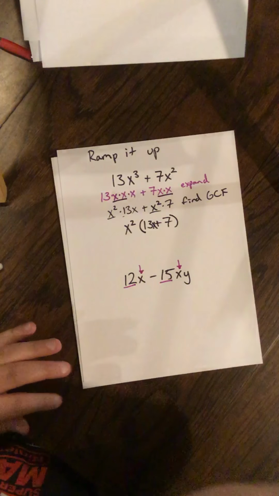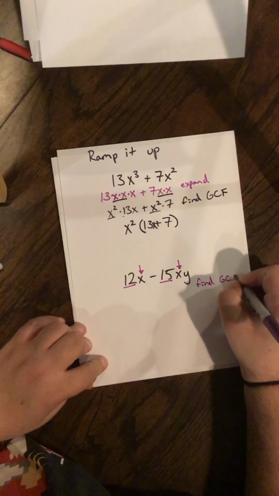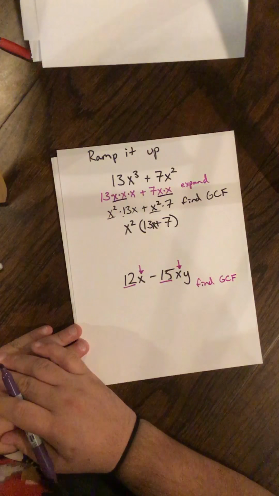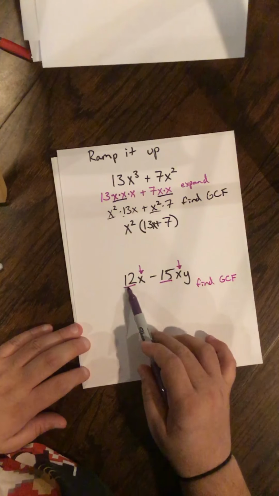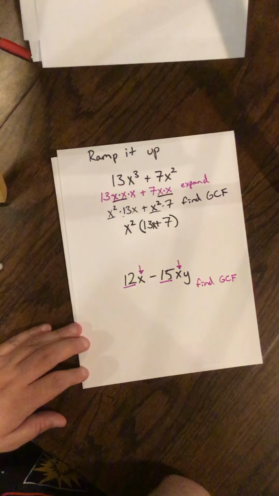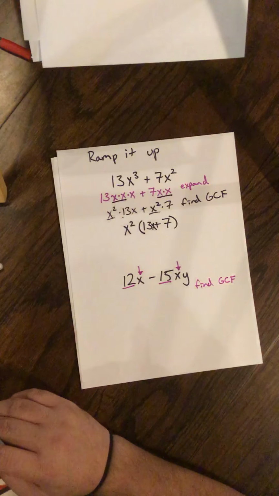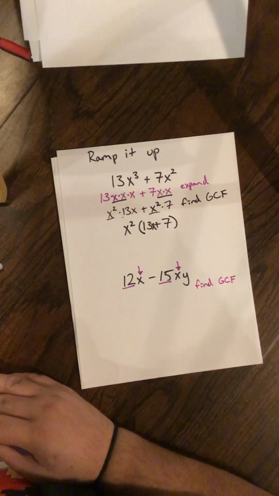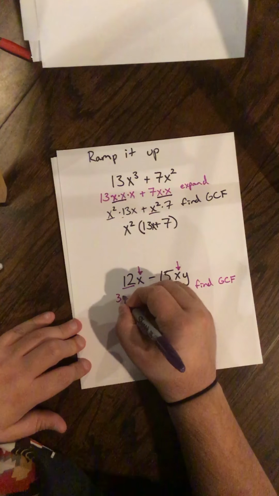So let's find the GCF here. What's the biggest number I can divide both 12 and 15 by? Well, it's going to be 3.